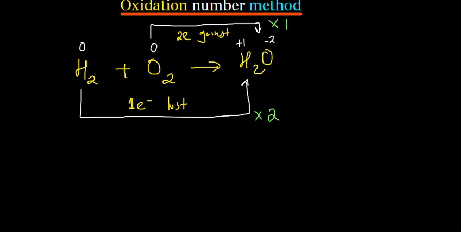So if we do the multiplication, we are going to have a 2 here, and we're also going to have a 2 here. So let me do that. 2 hydrogen. If you multiply the other one by a 1, there will be no difference.